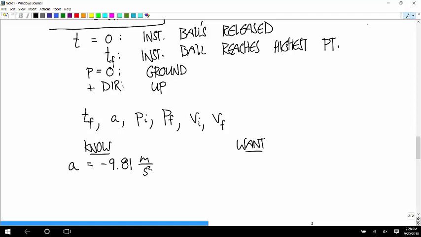So if it's slowing down and its velocity is up, what direction does its acceleration have to be? Right. And on the way down, what direction is its velocity? Down. Is it speeding up or slowing down? Speeding up on the way down. So what direction does its acceleration have to be? Yep, down. So no matter what direction something's going, gravity is always making it accelerate down.